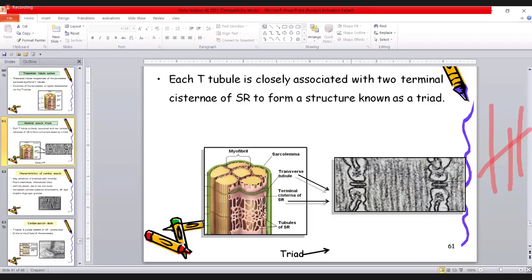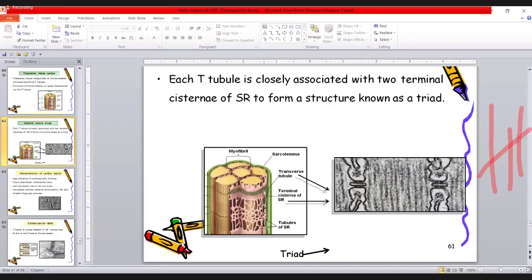We can see this only at the ultrastructural or electron microscopic level. So one way of identifying skeletal muscle microscopically is that it has this triad arrangement, three things together. As opposed to that, cardiac muscle has dyads, that is two things: the sarcoplasmic reticulum and the T-tubule, and that's it. There's no sarcoplasmic reticulum on the other side.